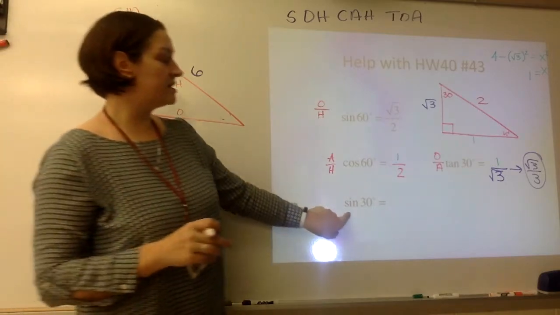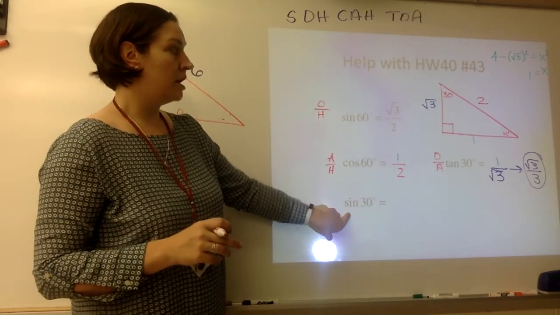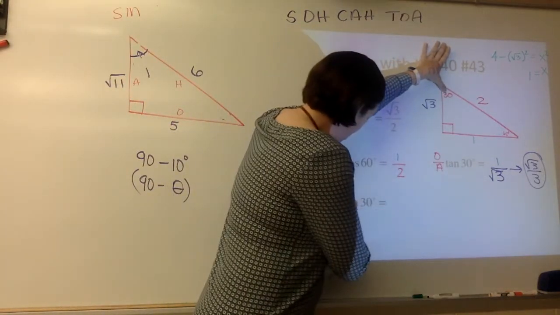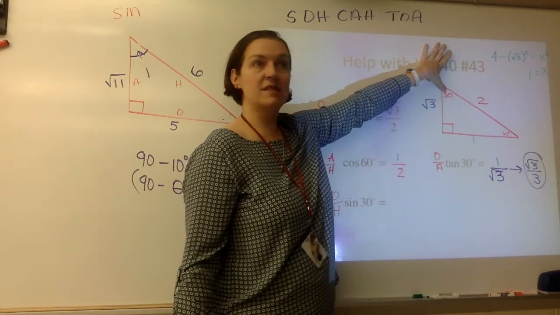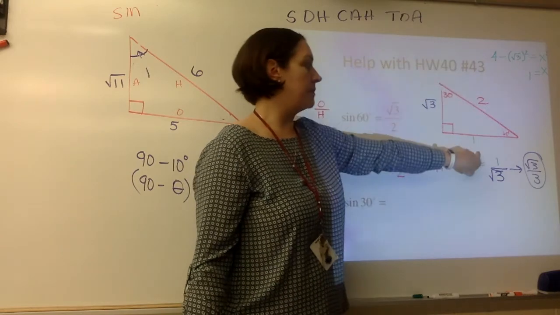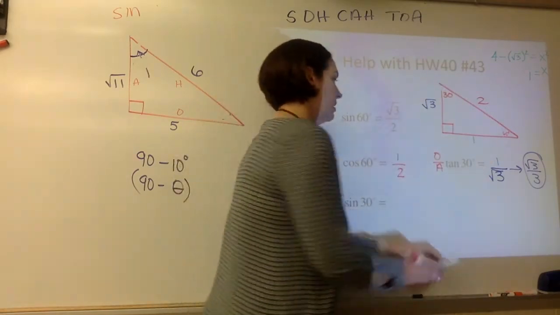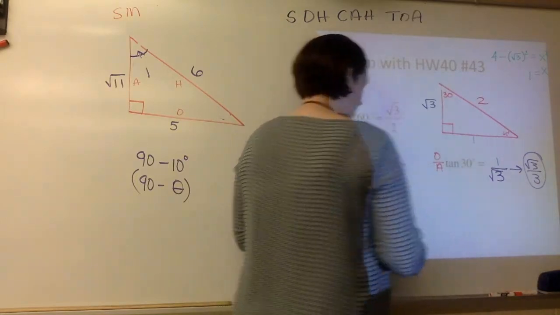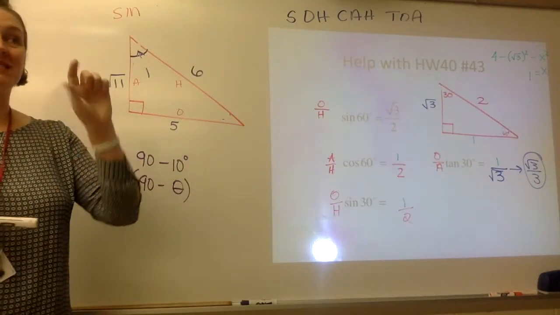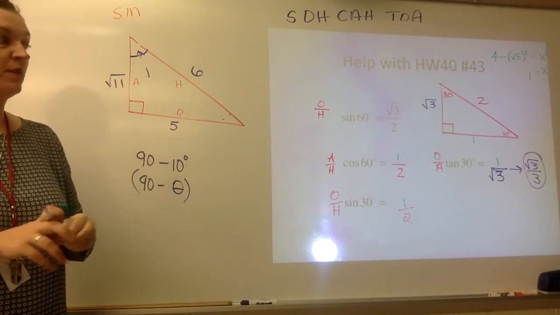Then I can go to the sine of 30. The sine of 30 is O over, what, H? What's the sine of 30? Opposite is 1 over 2. So the focus of O and A has to be the angle you're talking about. Does anyone have questions about that?